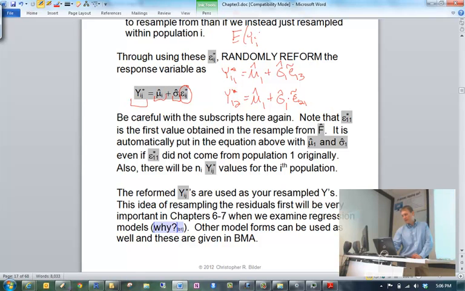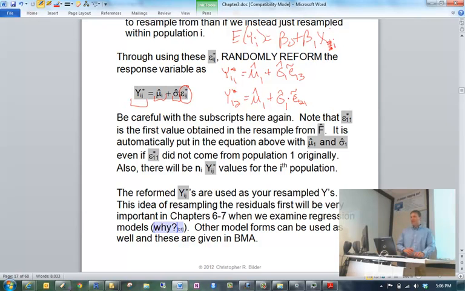Here's your regression model. This is what I'm doing in my Stat 870 class right now. Expected value of y sub i is equal to beta 0 plus beta 1 times x i. Obviously, they're not going to have the same distribution unless all the x's were the same, but if all the x's were the same, why are you using regression analysis in the first place?